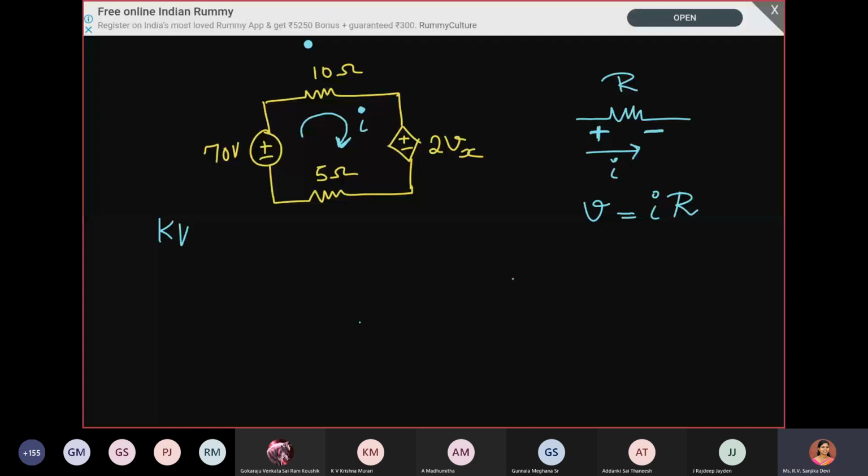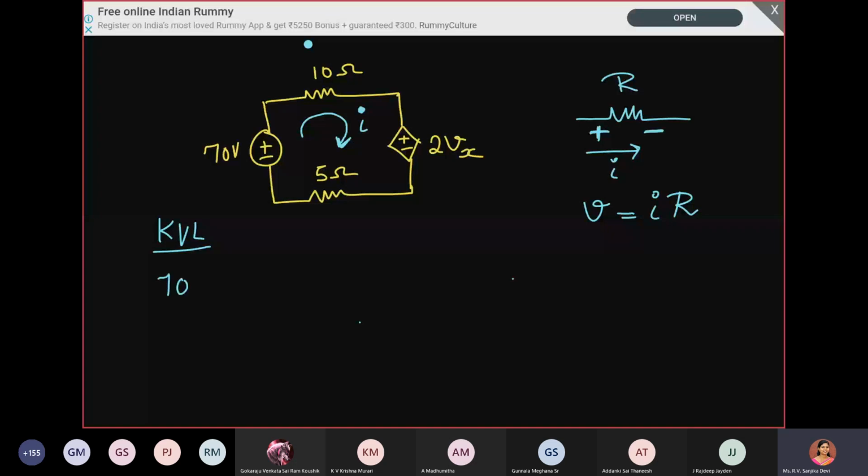The reference approach I am following is that I will go along the loop, and the terminal from where I am coming out, I will take the polarity of that particular terminal. Starting with the 70 volt, we are coming out of the plus terminal when we are going in the direction of the current, so it will be plus 70.